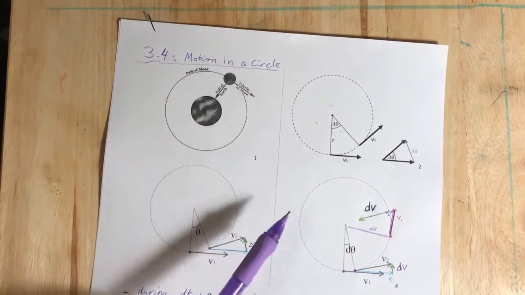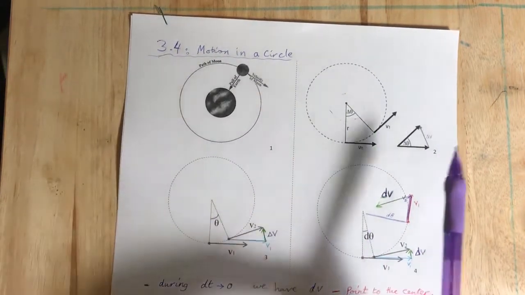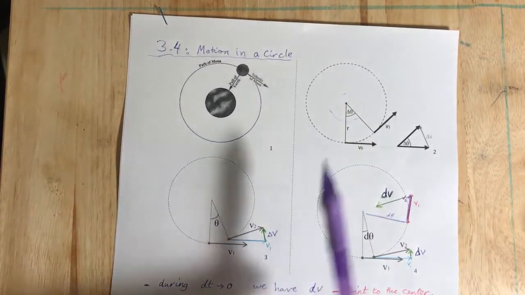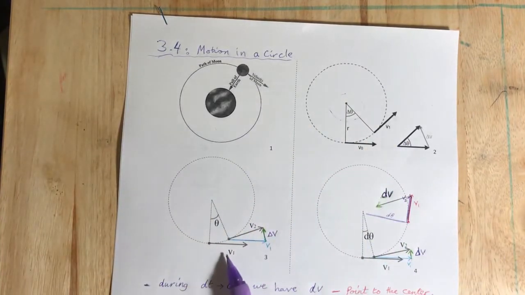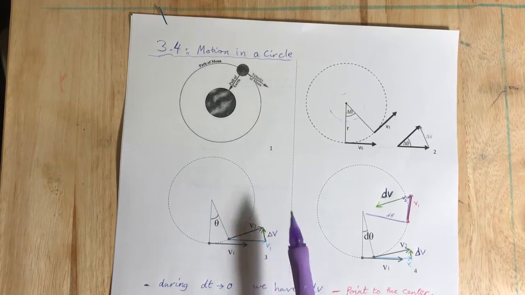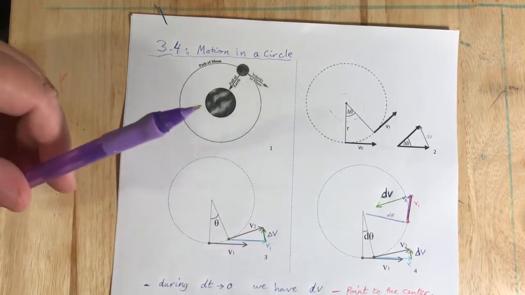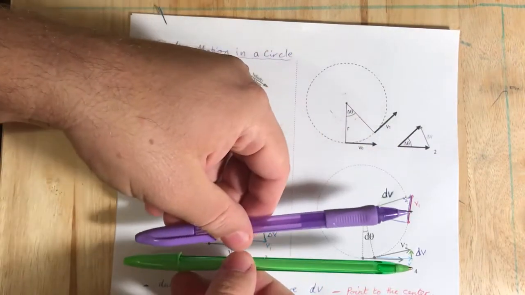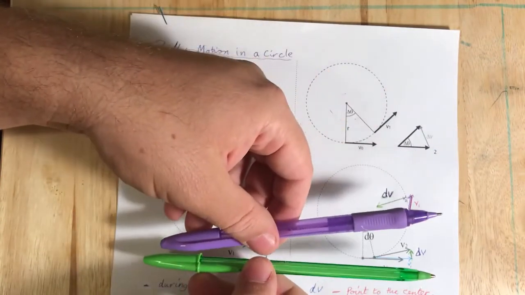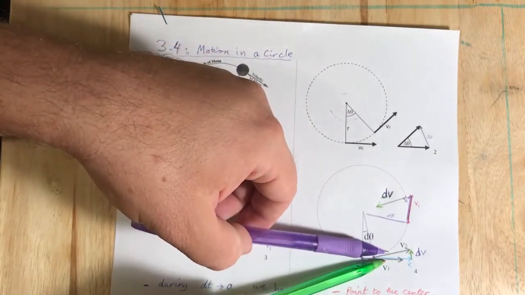If we make that period of time shorter, and we take other points between v1 and v2, for example with a smaller theta, we will see that the difference in velocity is changing direction, because we now have two velocities and we converge them toward each other. This is the third one.